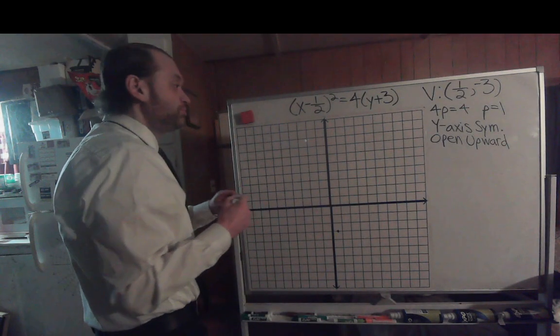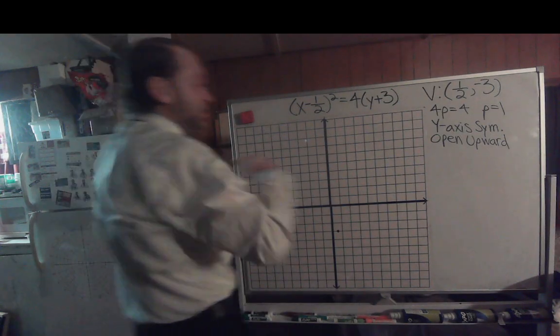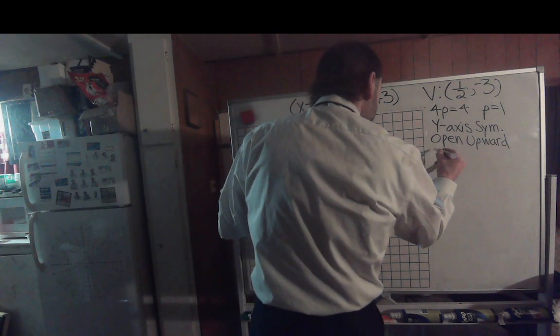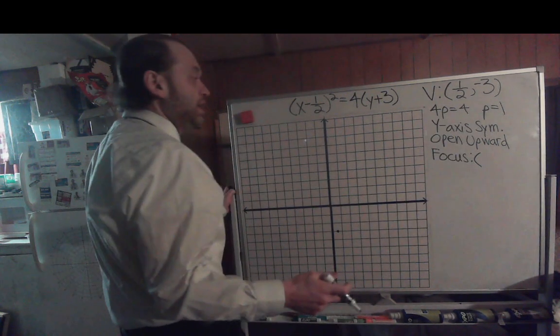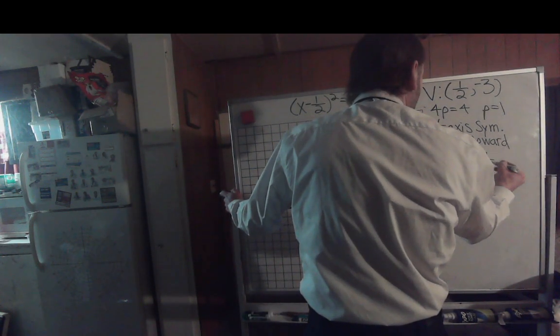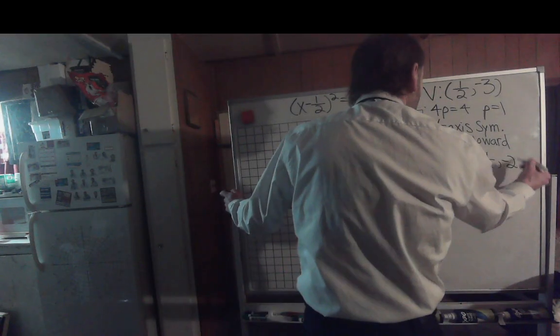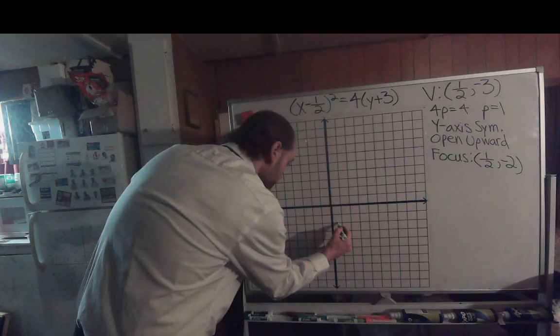Alright, now that we have that, let's find the focus. So, since it has y-axis symmetry, that means we need to take that value of p and add it to our y-coordinate. So if you add 1 to -3, you'll get -2. So the focus would be at (1/2, -2). So at (1/2, -2), there is your focus.